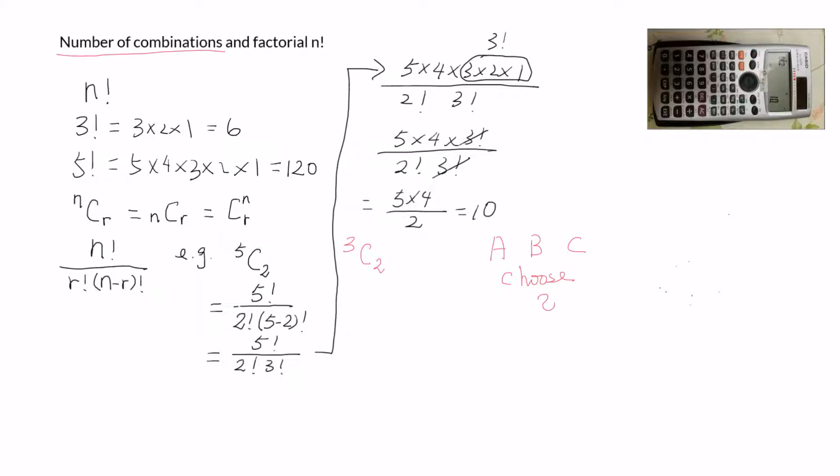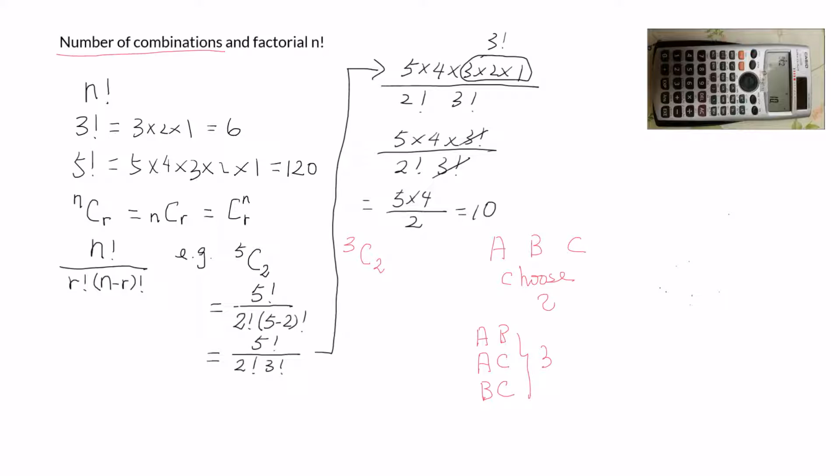A, B, C: we can choose A and B, A and C, and B and C. B and A are just the same, if we just focus on how many objects we want to choose. Therefore, from 3 available objects, we need to choose 2.